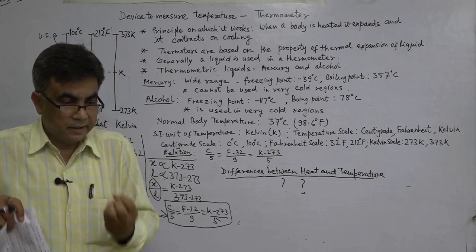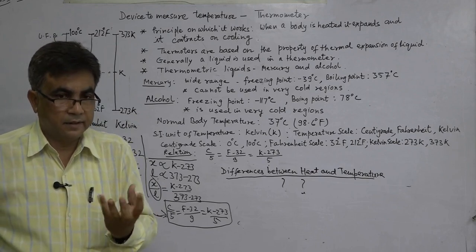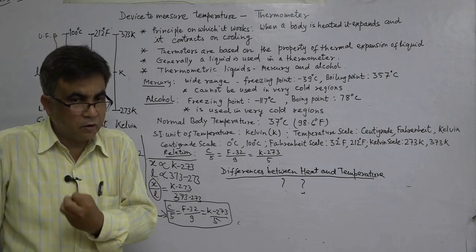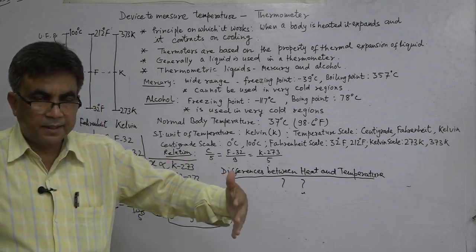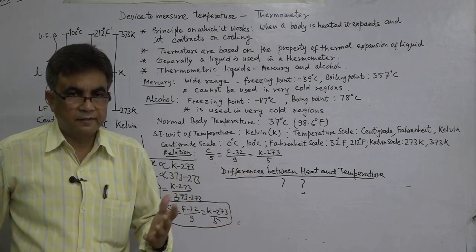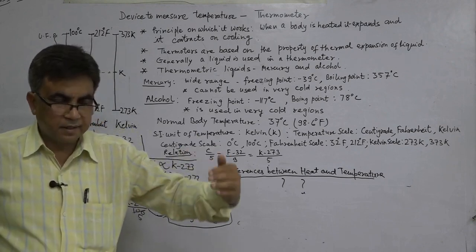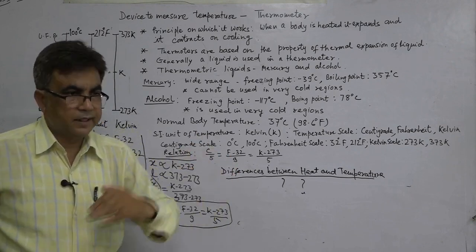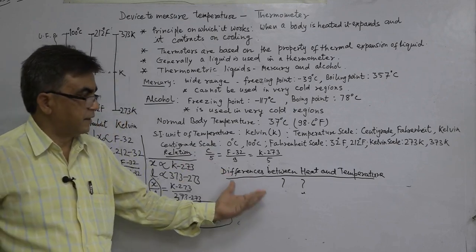Due to heat, temperature actually results. Temperature is the effect of heat. So heat is the cause of temperature, whereas temperature is the effect of heat. In this way, so many differences you can write.